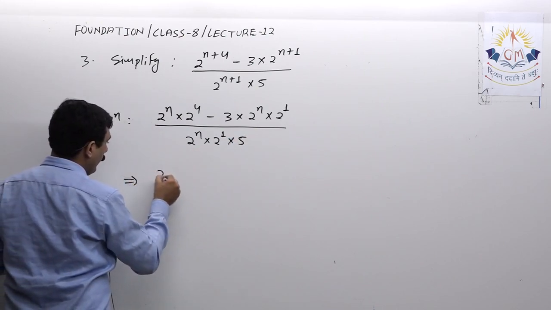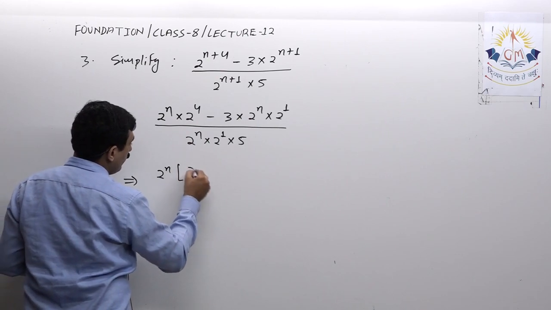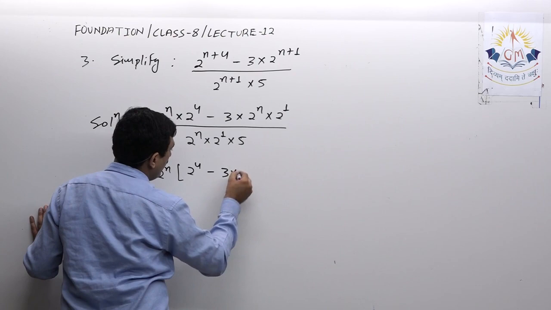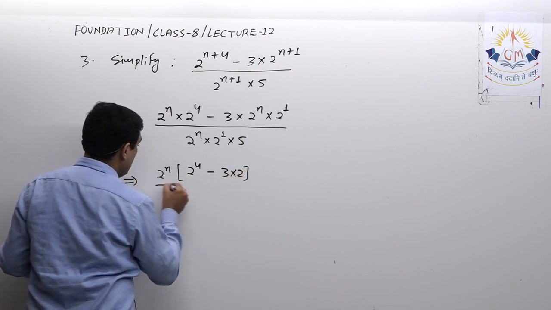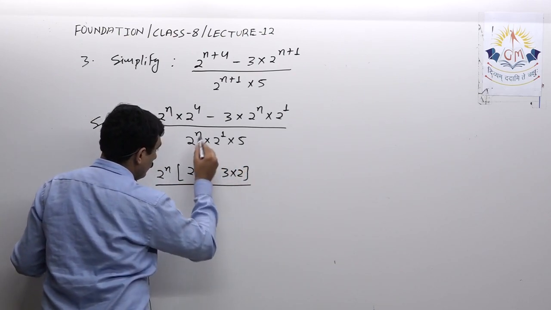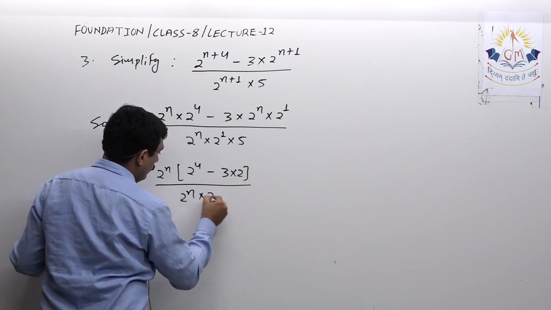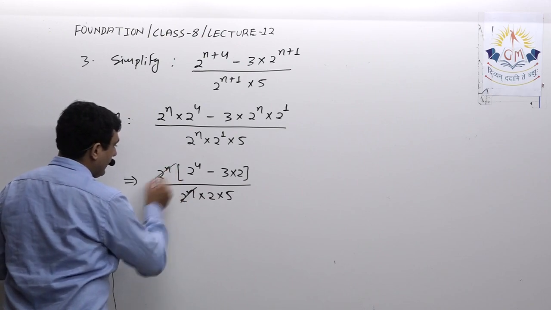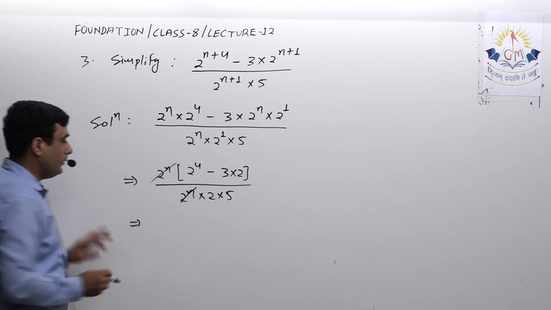Now 2 raised to n can be taken common. So here I will get 2 raised to 4 minus 3 multiplied by 2, divided by 2 raised to n into 2 into 5. So I can cancel out directly 2 raised to n and 2 raised to n.